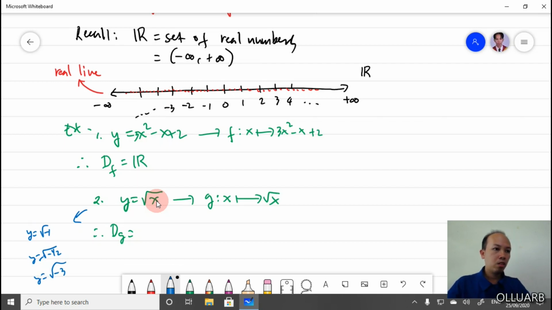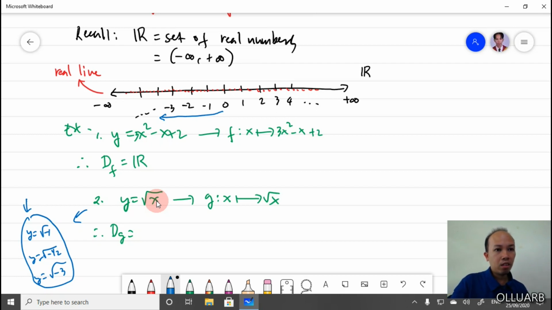Okay, then all the numbers on the left side of 0, use your calculator. So what happened?